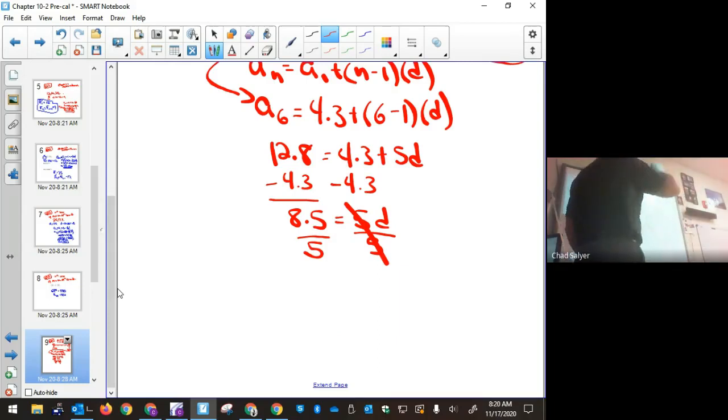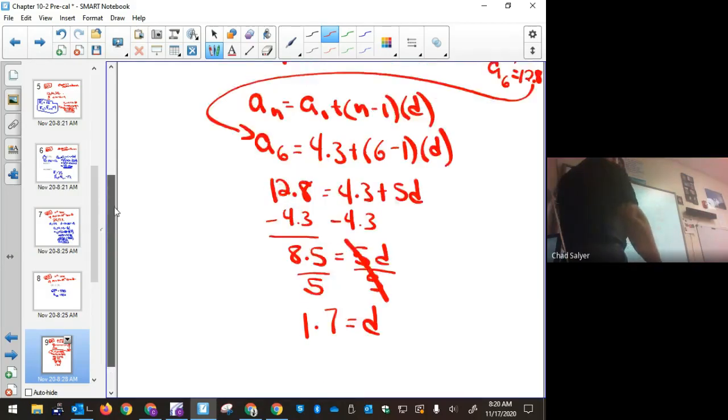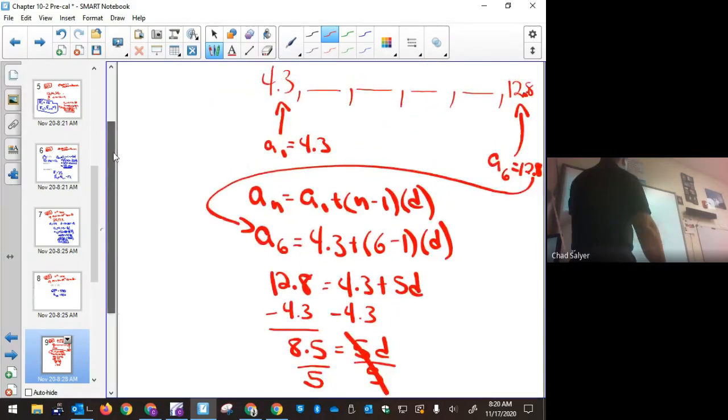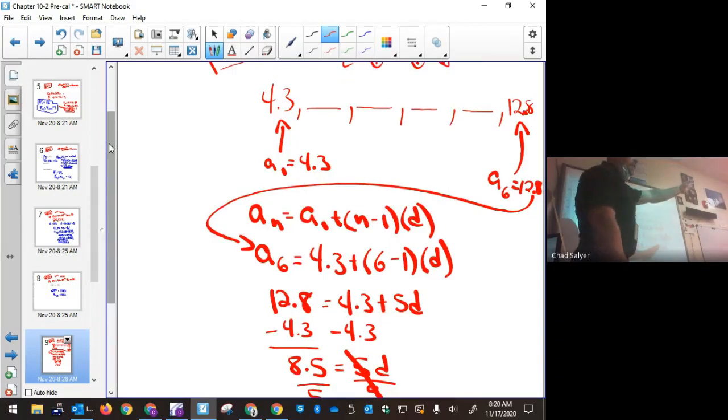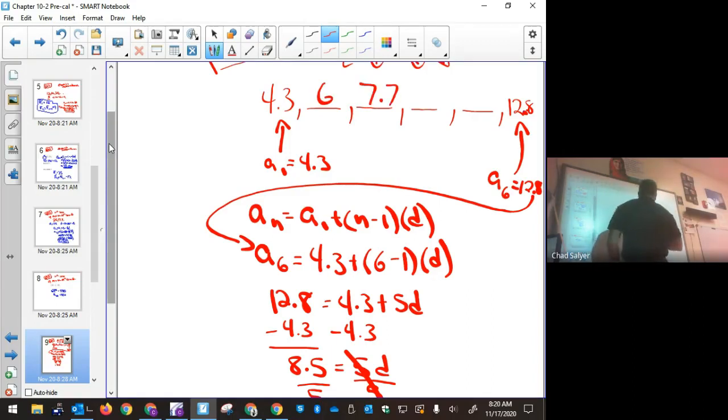So that'd be 1.7. So if we just add 1.7 each time, we'll find these intervening values. So 4.3 plus 1.7 is 6. And then 7.7.